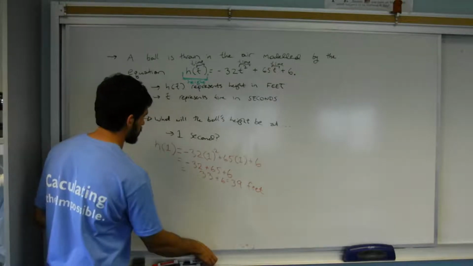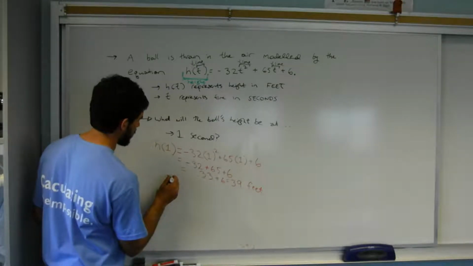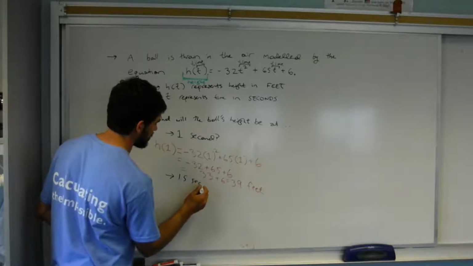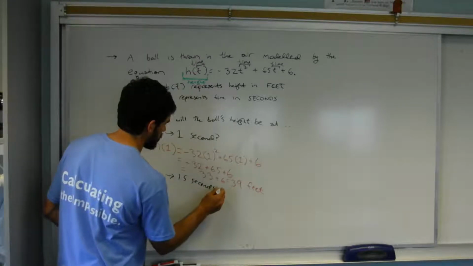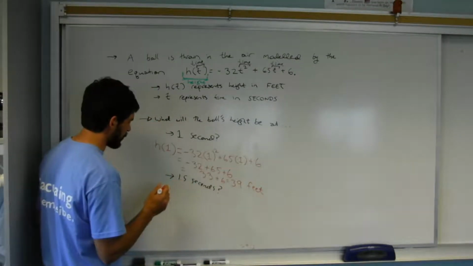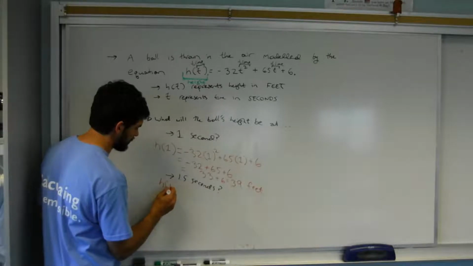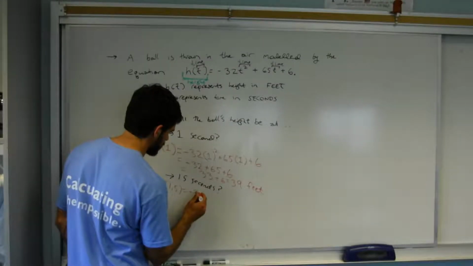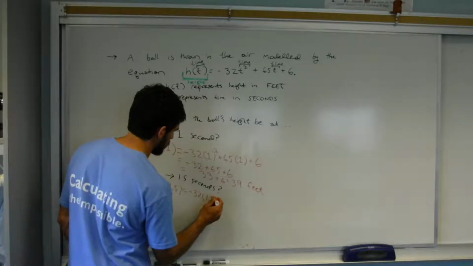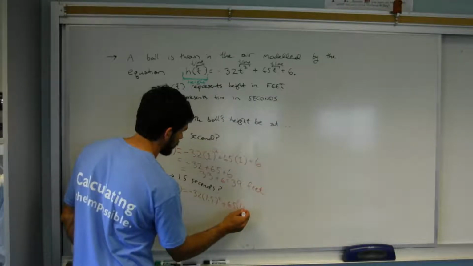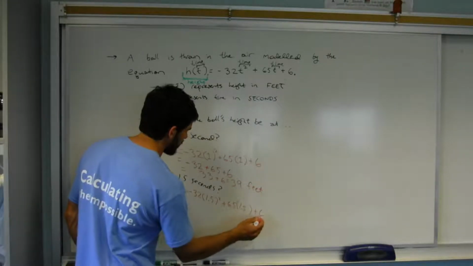So suppose we're asked, what will the ball's height be at, say, 1.5 seconds? This one is a little bit trickier, but instead of 1, we're just going to put 1.5 into the equation. So h of 1.5 is equal to negative 32 times 1.5 squared plus 65 times 1.5 plus 6.